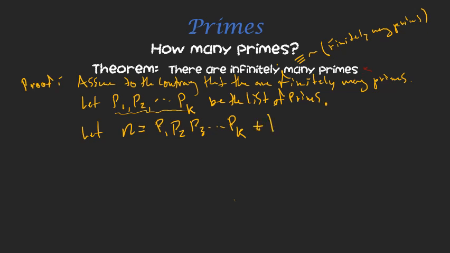Let's say something first about this. Clearly n is bigger than p_i for each i, 1 less than or equal to i less than or equal to k. It must be bigger than each one of the primes because it's bigger than the product of all of them plus 1.